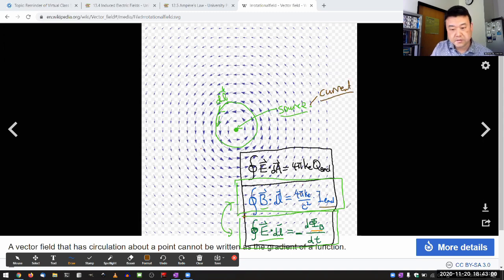Or I can imagine this as a region containing magnetic field, and that magnetic field is going to be changing in value so that this magnetic flux is changing over time. So this source can also be the rate of change of magnetic flux.